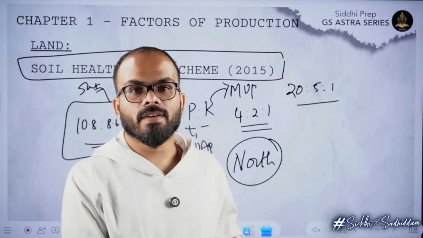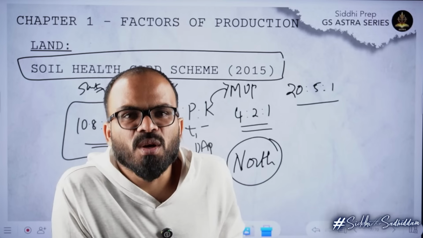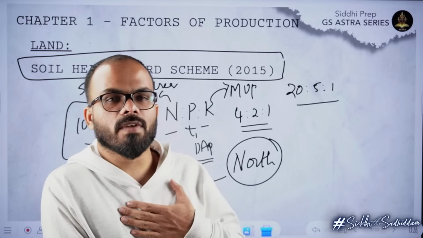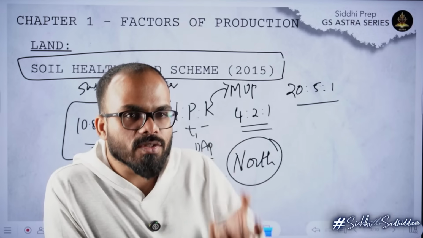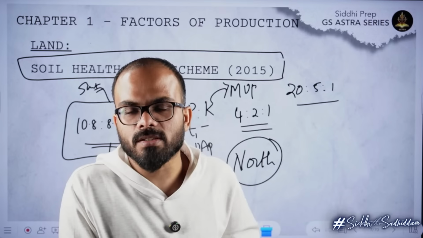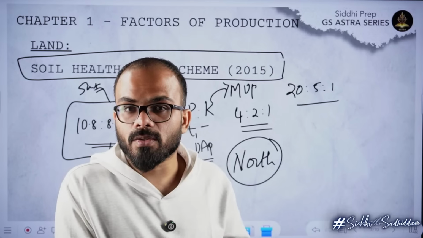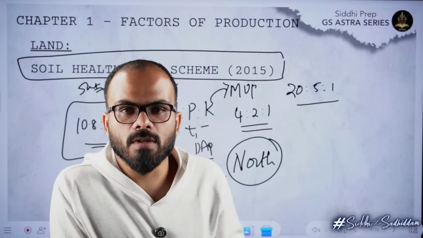See the kind of imbalance there is with respect to fertilizers. We are applying more nitrogen to the land and reducing other things such as phosphorus and potash. When we do this, the quality of land reduces, acidity increases, and productivity of land also decreases.